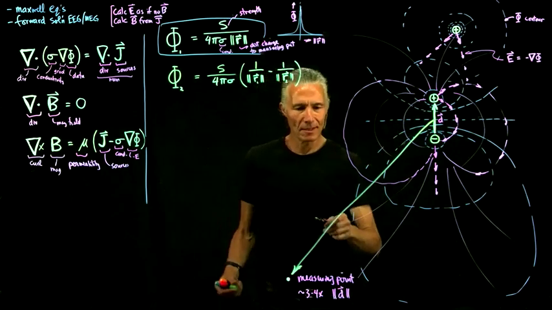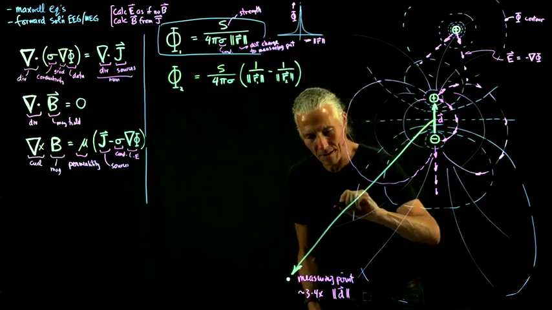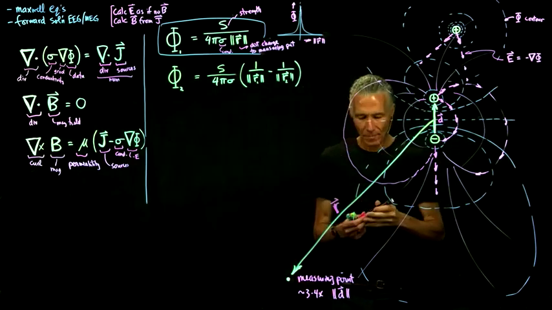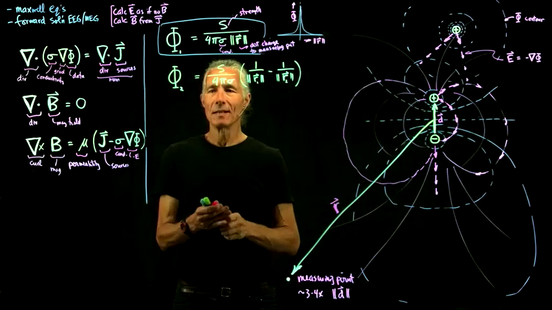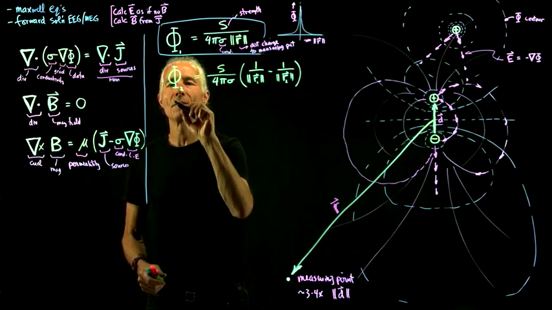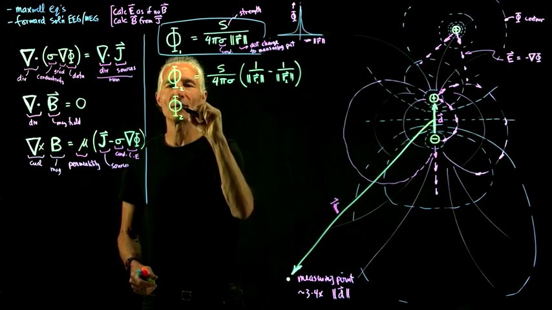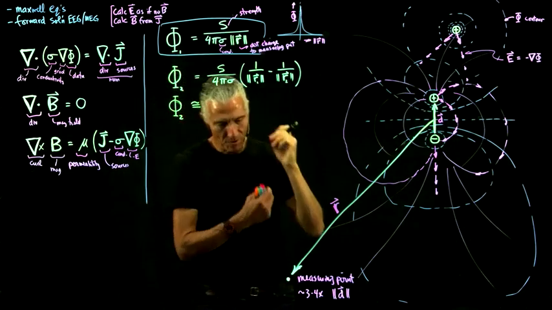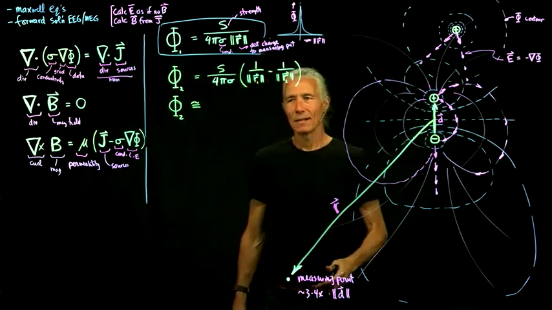So this is our R vector. So as long as we're about that far away, then we can simplify this down to inverse square. So that's where inverse square comes from. So this is approximately equal to inverse square. And that's basically our forward solution.